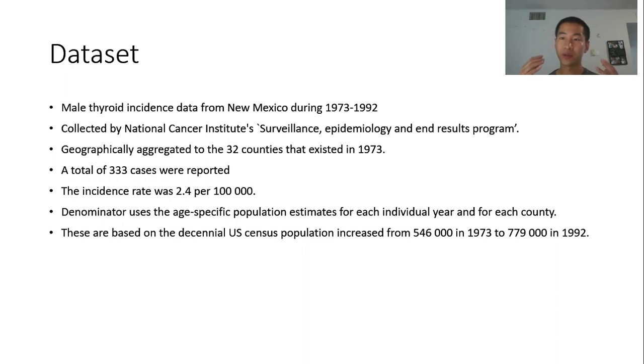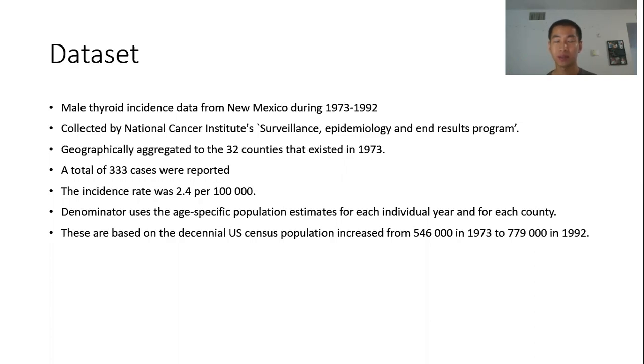The author implements his new method on a dataset. This dataset is about male thyroid cancer incidence data from New Mexico, and it was collected by the National Cancer Institute. Some of you may know that New Mexico has 32 counties.